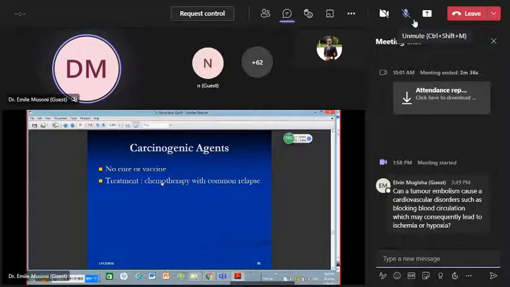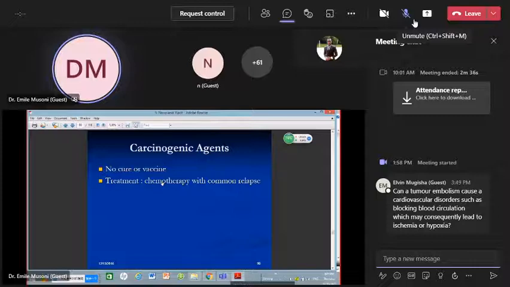Most of the time, we say that there is no treatment of cancer, but there is some. Depending on the stage and the type of cancer, the cancer can be curable. And this one was combined by the virus. For the virus, until now, there is no treatment.